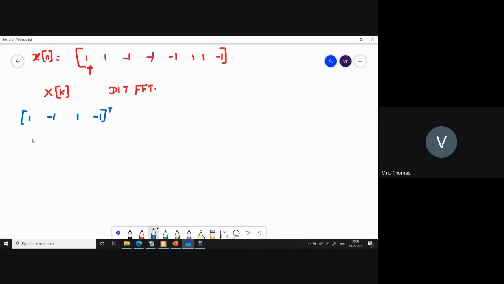And what about the odd sequence? The odd sequence is also the same, right? 1, minus 1, 1, minus 1. Is that clear? The odd sequence is 1, minus 1, 1, minus 1.